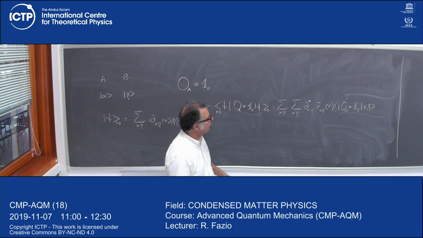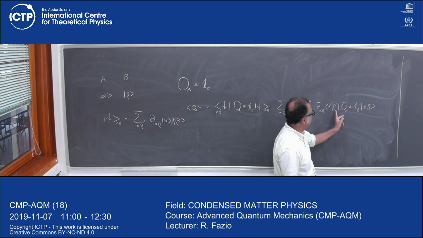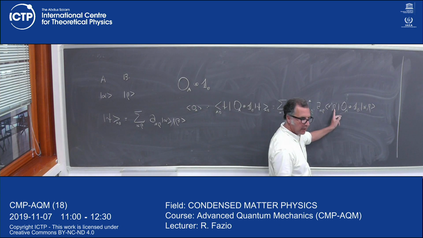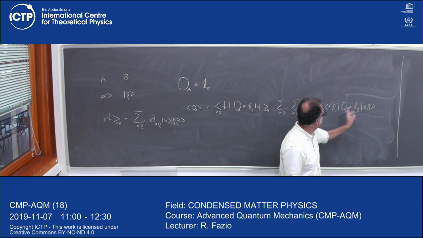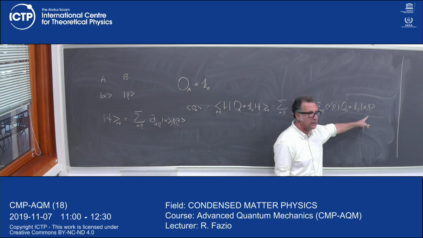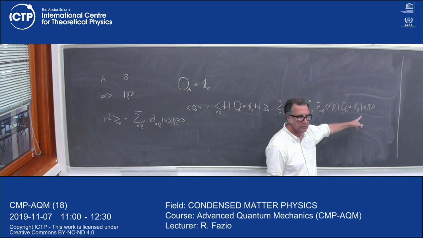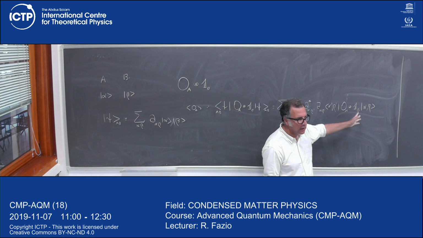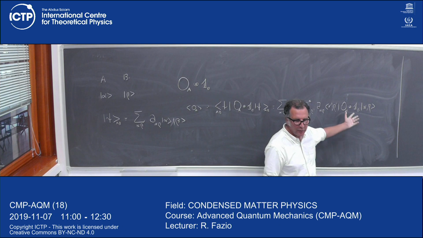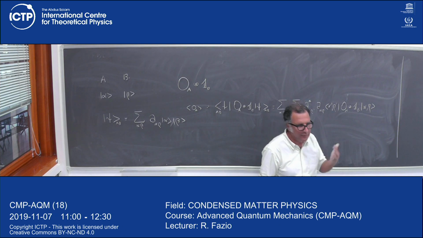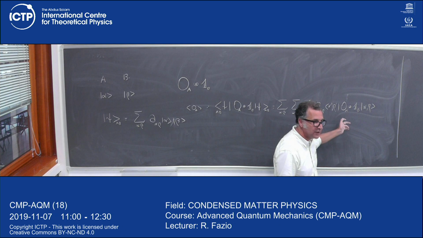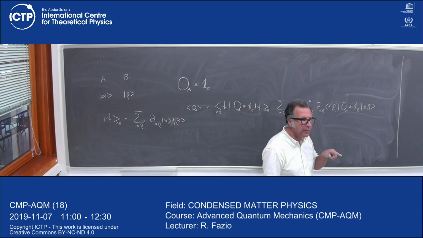Now you see that if you look at beta, you have the scalar product of beta, identity, beta prime. So beta prime identity beta, and this is what? A Kronecker delta. So this means delta beta beta prime.